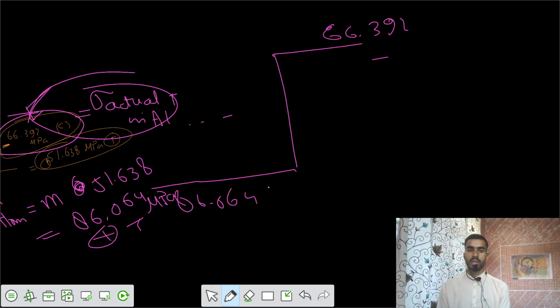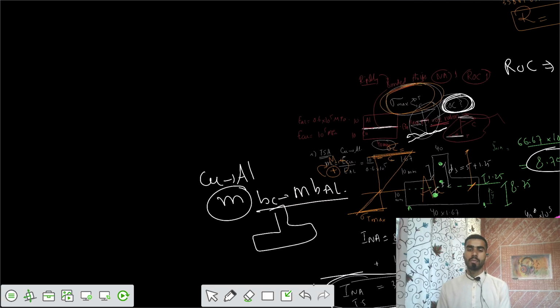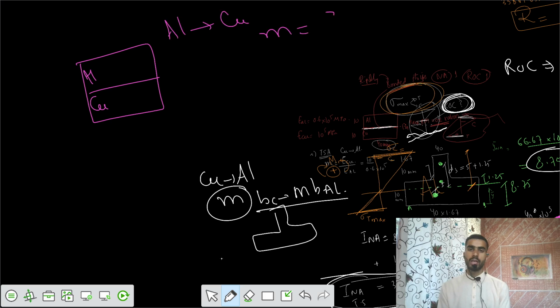The variation depends on the location of the neutral axis. You could also solve it by converting aluminum to copper. That means you multiply by the modification factor, E aluminum by E copper, which was 0.6.